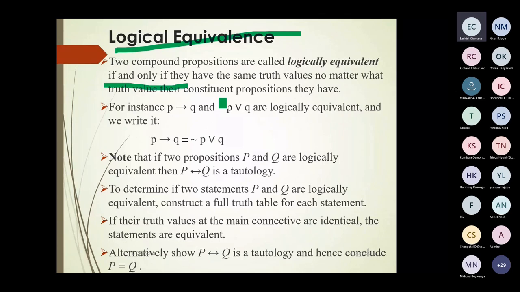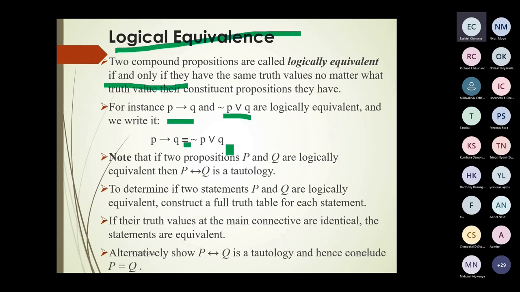So no matter the inputs, they must have the what? They must have the same truth values. For instance, P implies Q and the negation of P or Q are logically equivalent. And you can write it as P implies Q is identical to the negation of P or Q. We do not use the equal sign.